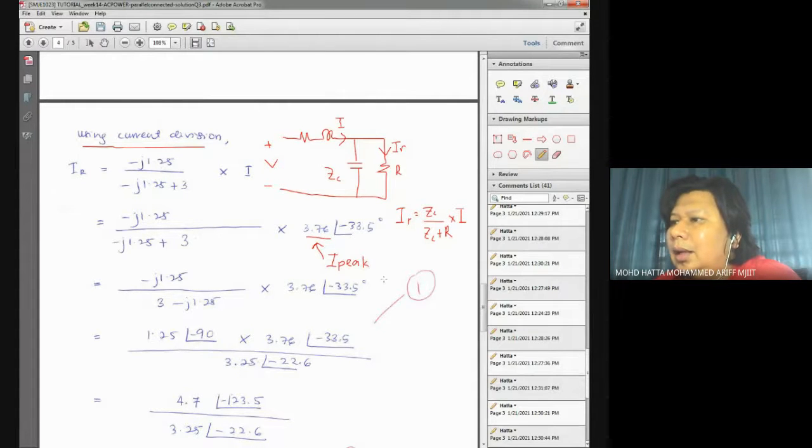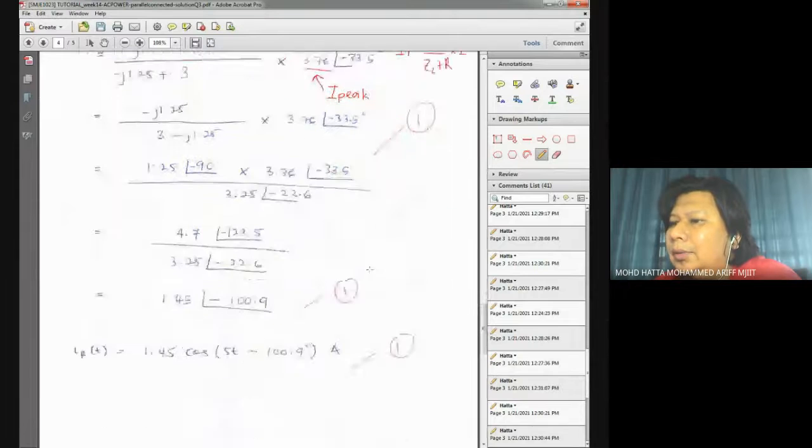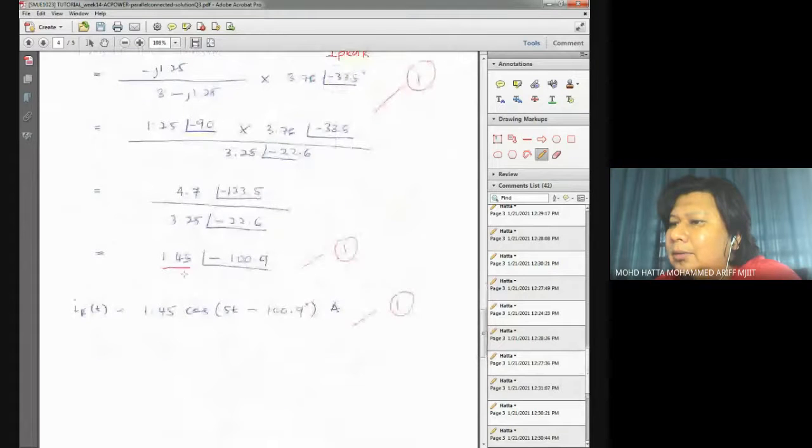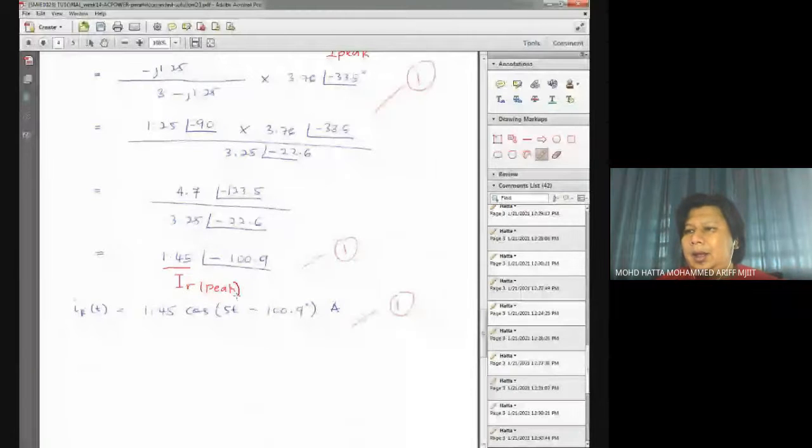And at the end, you will get the value of your IR. So this is IR, and the magnitude that you got over here is the peak magnitude, the peak value of IR. And since you have the peak value of IR, you can straightforwardly use that value to write down your answer in sinusoid form.